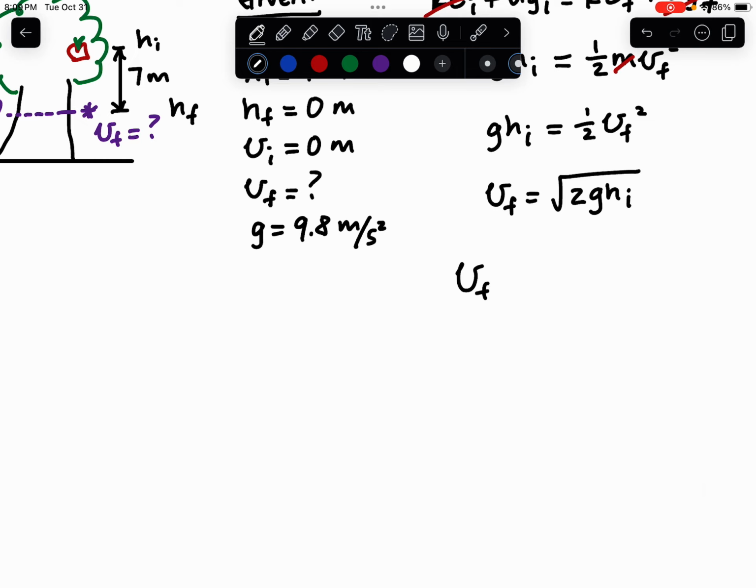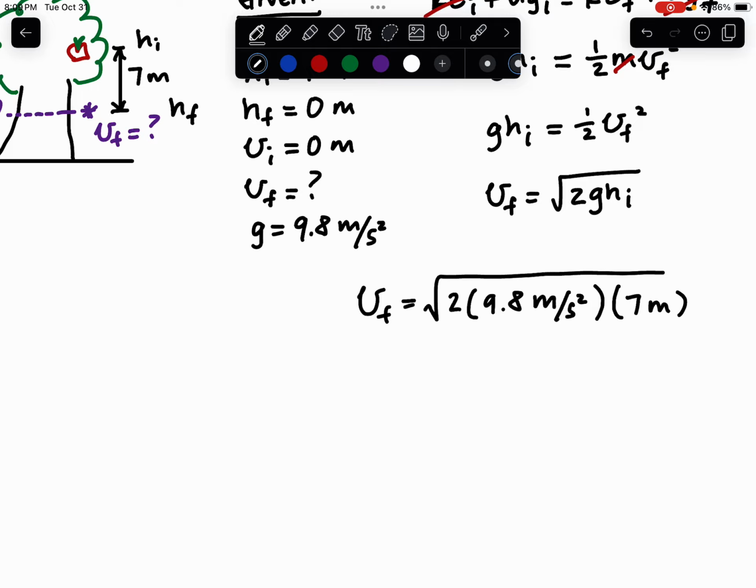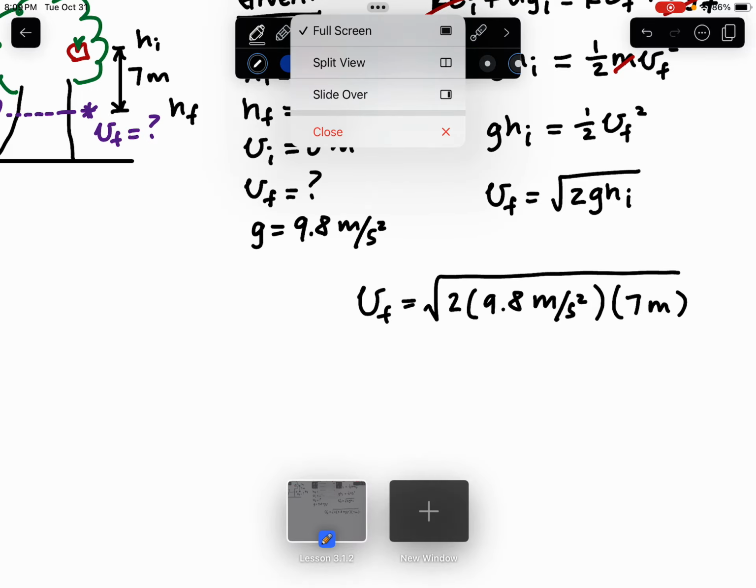I'll do the square root at the end. So we have 2 times 9.8 meters per second squared times 7 meters. Let's use decimals.